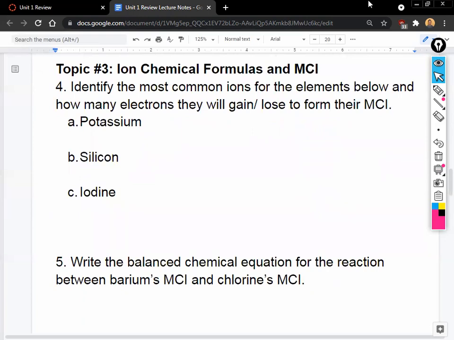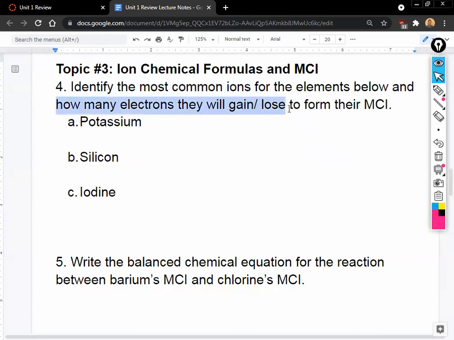Out of all the topics on the exam, make sure you get this one down, because if you're not able to, it's going to come back to bite you in the second unit. Everything in the second unit is going to be based on this most common ion thing.